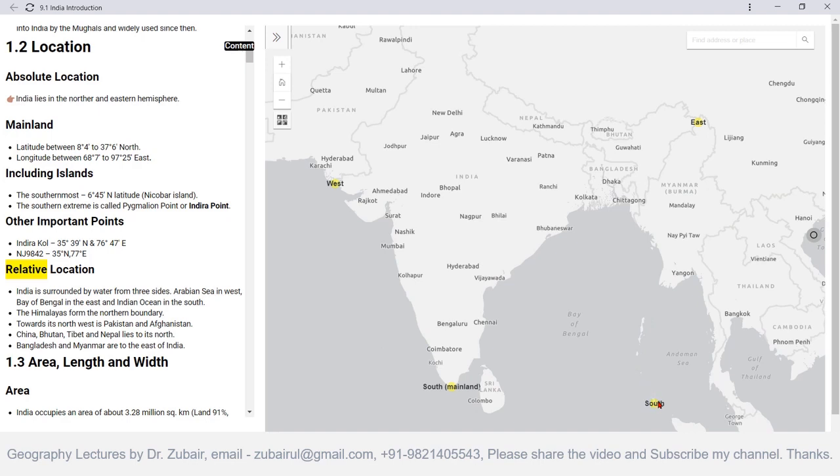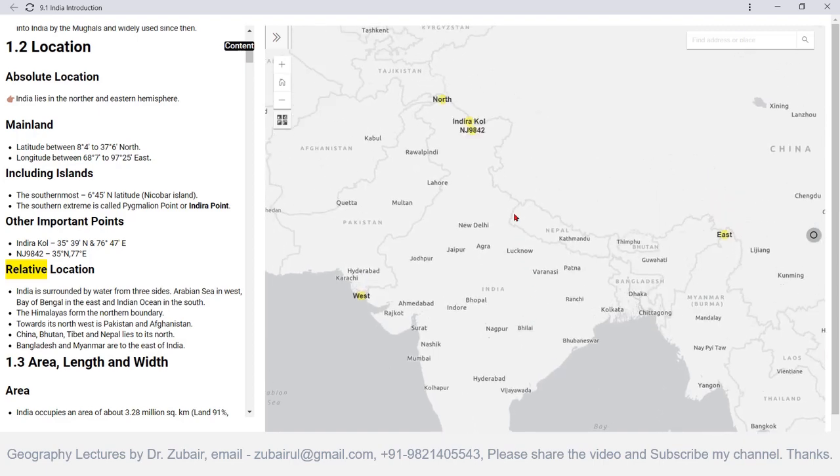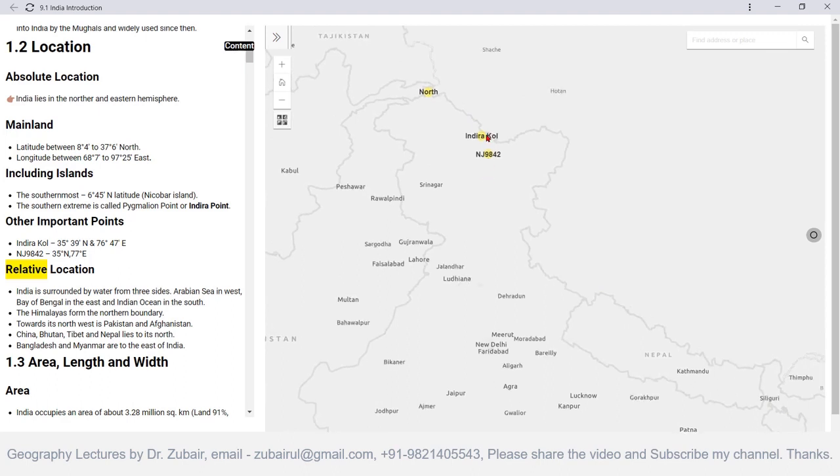Andaman and Nicobar, that is the southern part of Nicobar, which is known as Indira Point. Another important location you can see here is Indira Col. Indira Col is the northernmost part of the Siachen Glacier. Here, Indira Col is 35 degree 39 minutes.